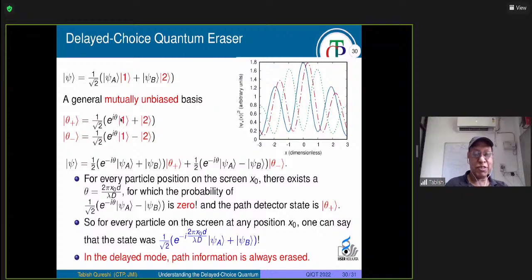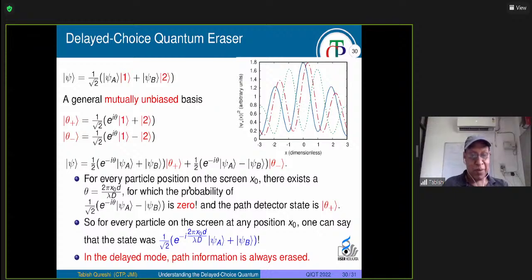But the interference pattern will not be exactly centered here, it will be slightly shifted. This blue curve is what you have if theta equals 0. If theta is not 0, then instead of the blue curve you will get this red curve. If theta has another value, it will be shifted more. So again you get two complementary interference patterns corresponding to these two states, but now the positions are slightly shifted. So quantum erasing works perfectly even with this.